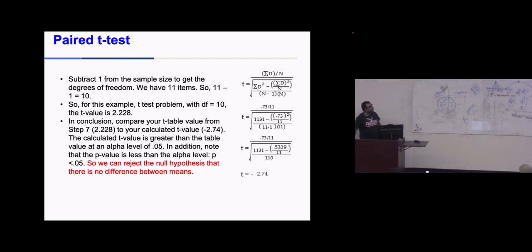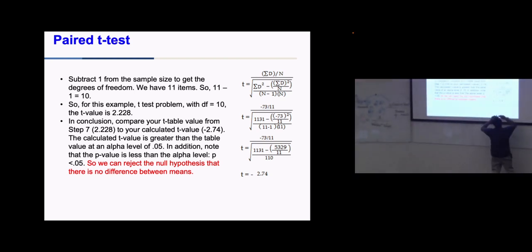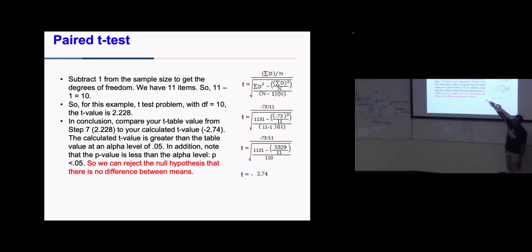So here is the argument, right? The process is you first compute the degrees of freedom, which is the total number of samples you have in your accuracy pairs minus 1. Then for this example, you look at the table and see what value you want based on your confidence interval. You compute your t value. You compare 2.74 against that 2.22.